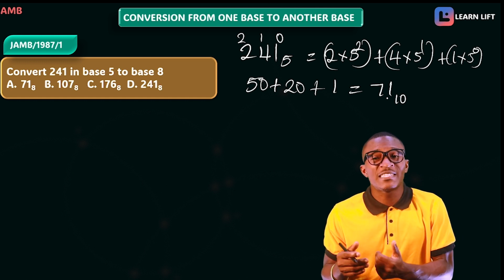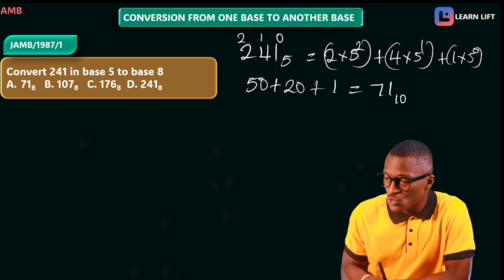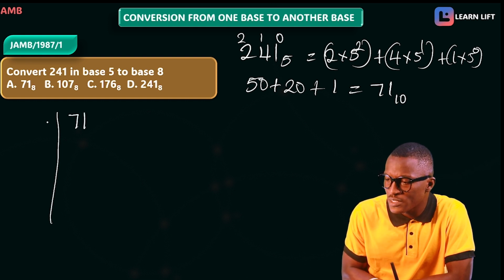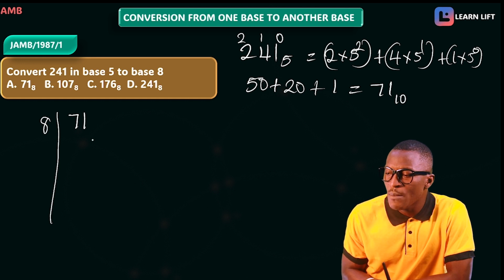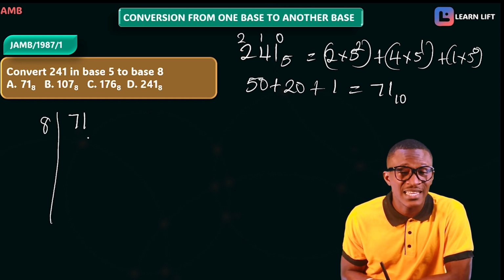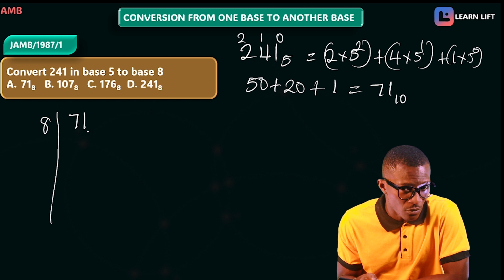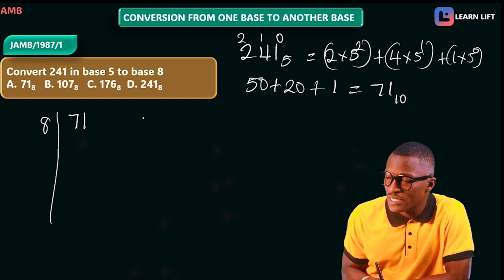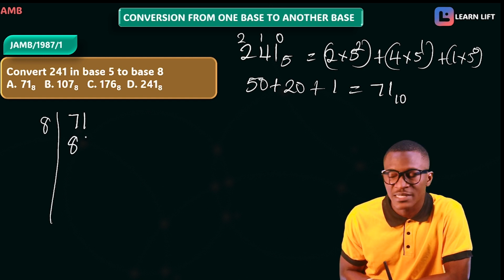Now let's convert this 71 in base 10 to base 8. You know how to do that, right? I'm going to rule here. This is 71, converting to base 8. How many times does 8 go into this? 8 times 8 is 64, while 8 times 9 is 72. 72 is already bigger, so it will be 8 times 8, which is 64.